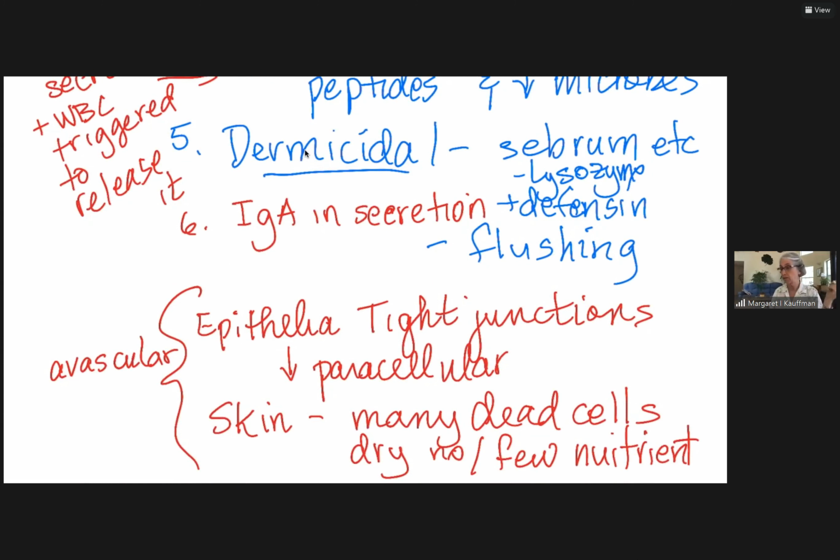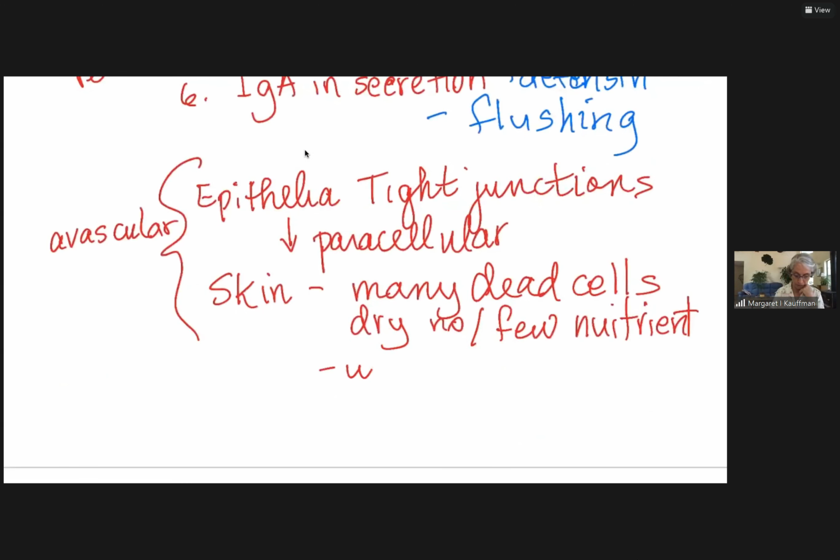Many bacteria don't like salts, and many fungi won't either. It's an osmotic challenge. So for the skin, you've got other things like urea and high salt levels that make it osmotically challenging.